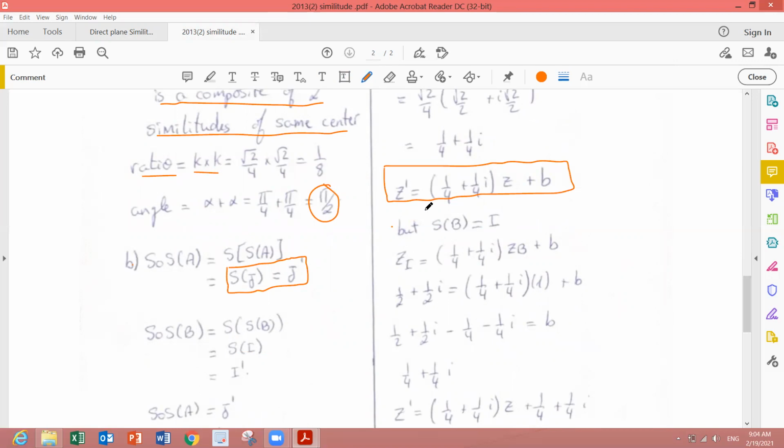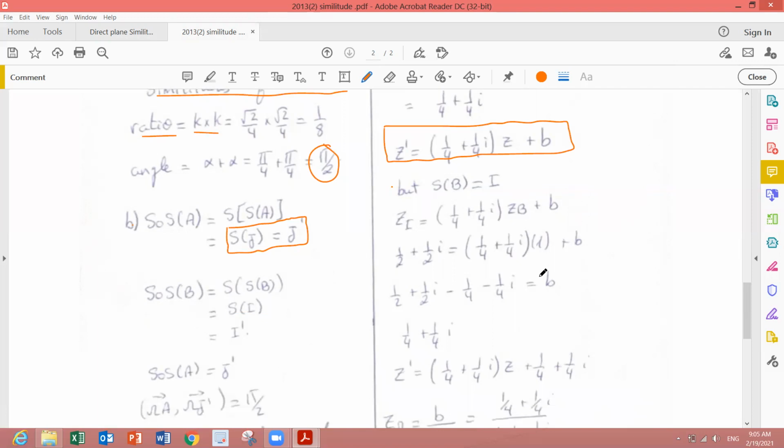So S of B equals I means this is Z prime and this is Z. Z I equals (1 over 4 plus 1 over 4i) Z B plus b. Then half plus half i equals (1 over 4 plus 1 over 4i) times Z B plus b, where Z B is 1. As we said, I is half, half because it is the midpoint. So half plus half i equals 1 over 4 plus 1 over 4i plus b.